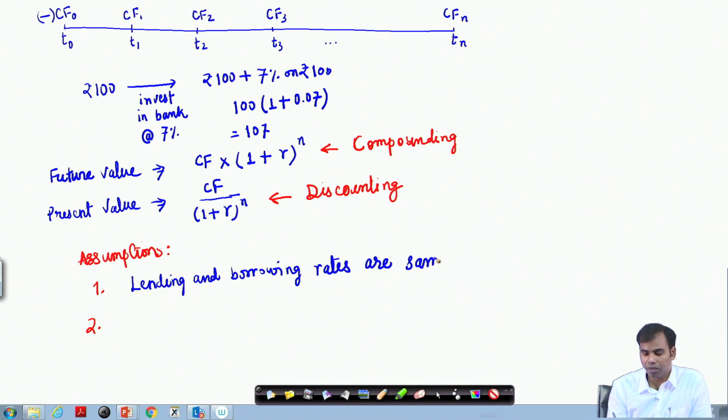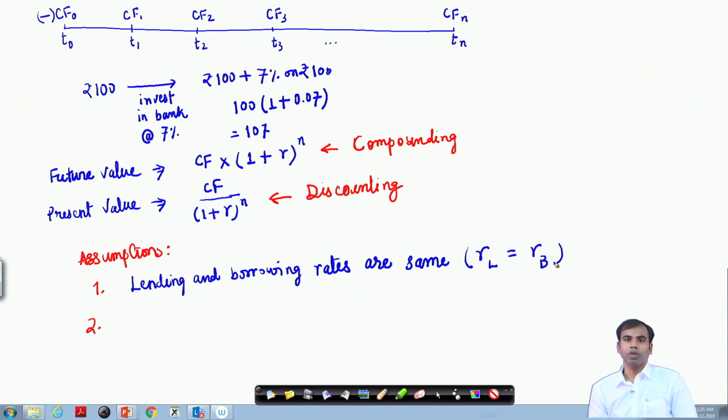So what it means is that the rate of lending and the rate of borrowing are equal. It implies that when you are investing some money in the market, you can borrow as much money as you want at the same rate at which you are investing it.